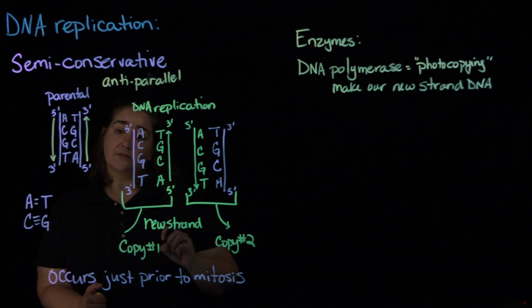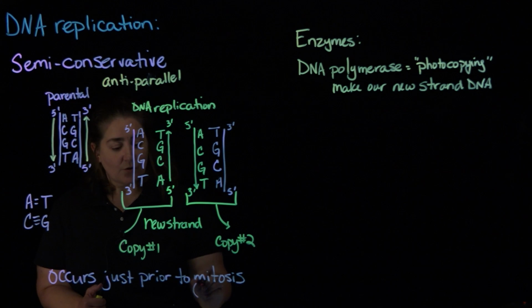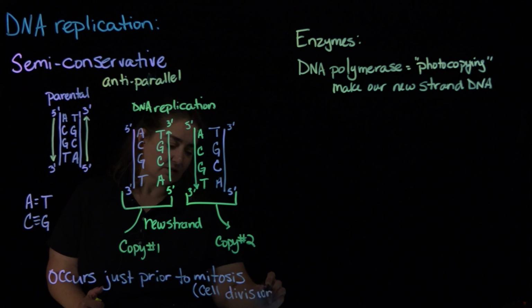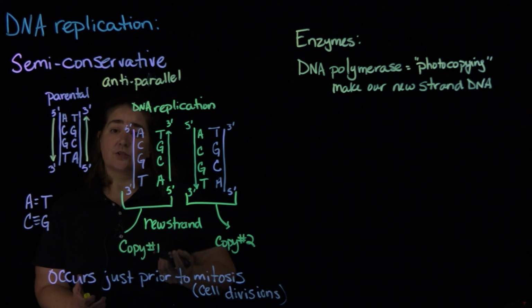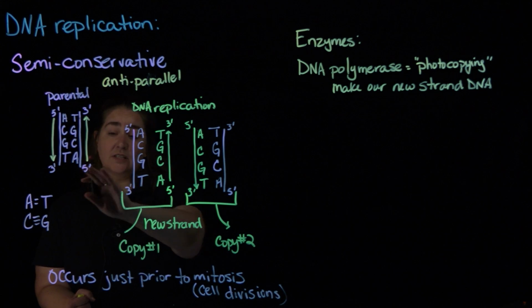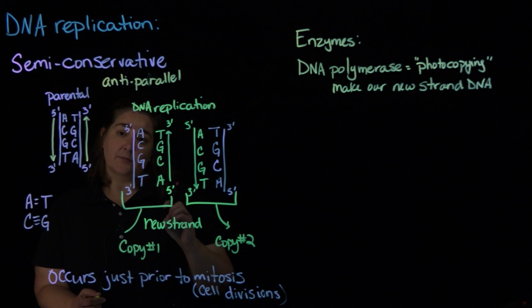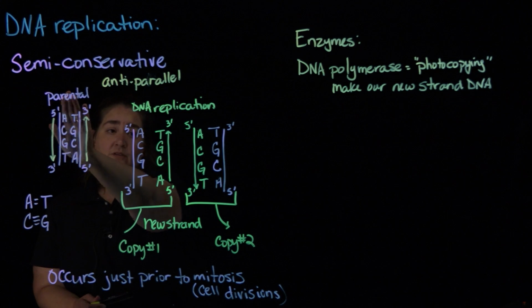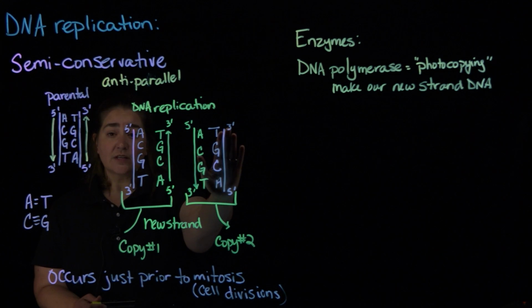We haven't talked specifically about mitosis yet, but mitosis is the process of making new cells, or cell division. So DNA replication happens in the nucleus because that's where the DNA is contained. It happens just prior to mitosis. We start out with a parental strand. We end up with two strands of DNA, two identical copies. Both have one parental strand and one new synthesis.